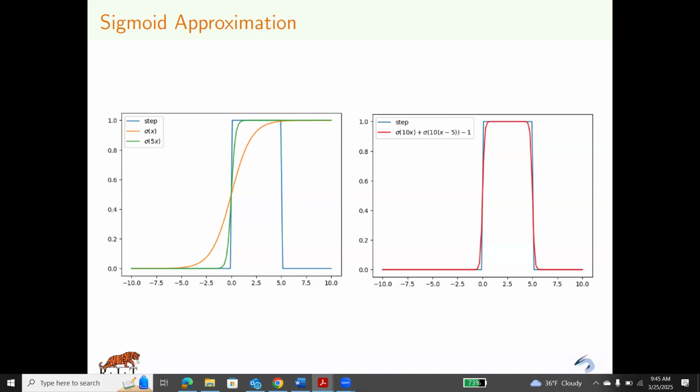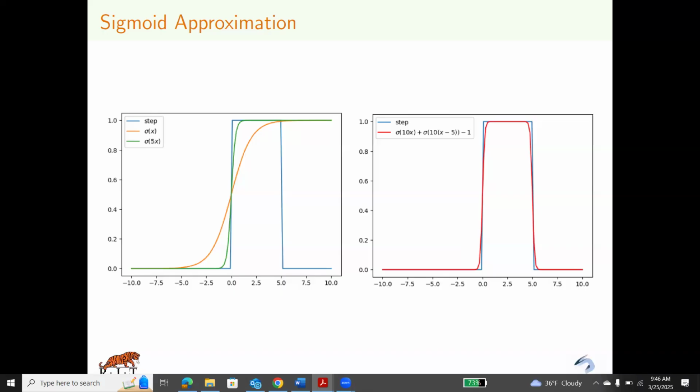So if I just draw sigmoid, this orange line, you can see that it has low slope, but if you use sigmoid, for example, with some multiple, like here I'm using 5x, then the slope will be higher, and it will approximate better this step. How to approximate the second side?